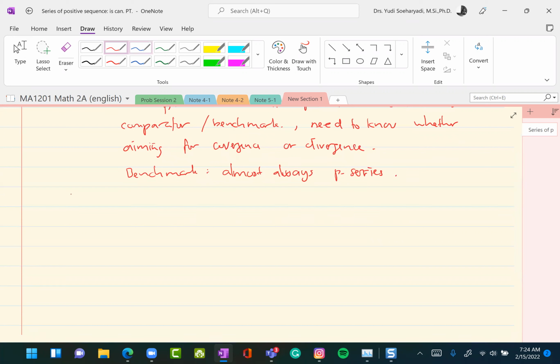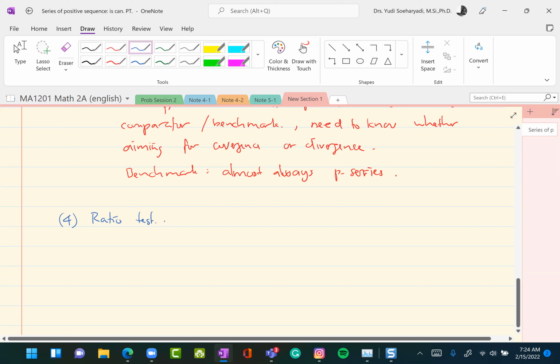Okay, so the fourth one, something that makes it slightly easier because you don't have to find a benchmark, is what we call the ratio test. So you're given a series, of course still with positive terms.